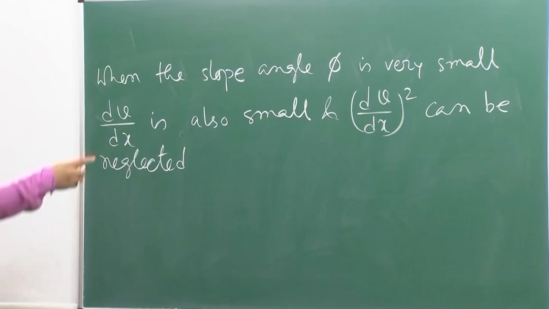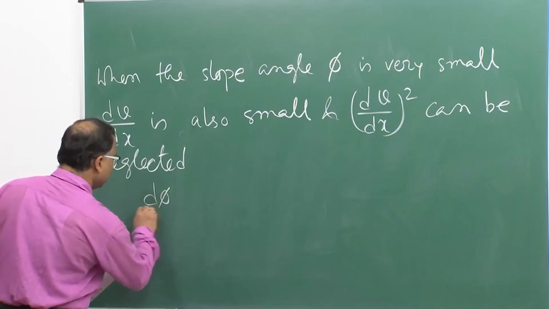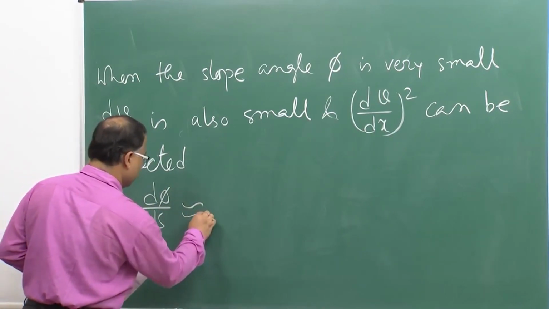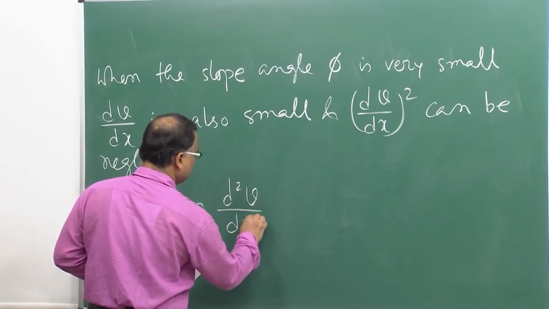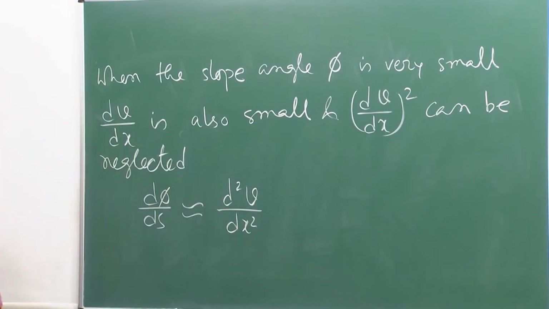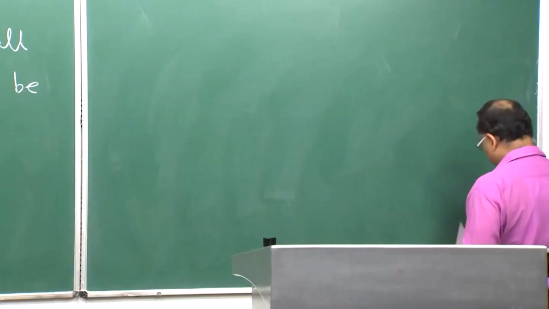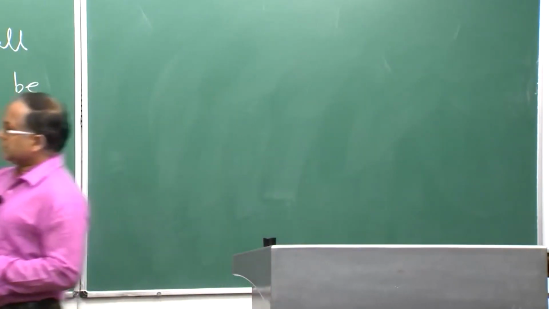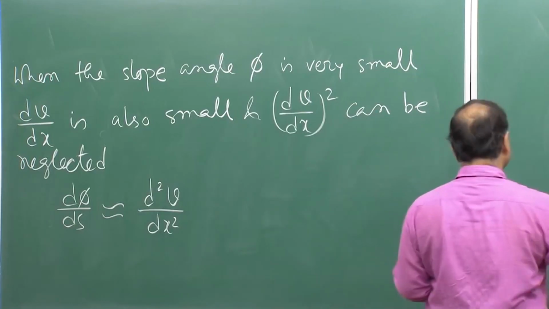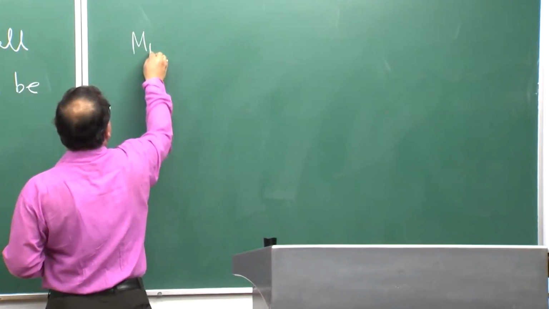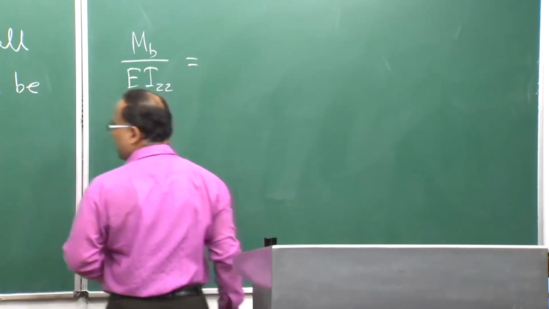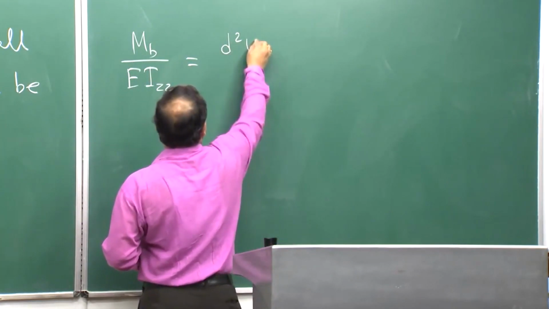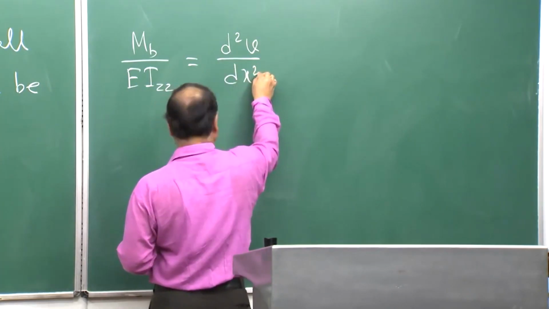Therefore, from equation 2, I can simply write d phi ds is approximately equal to d2v dx2. And this d phi ds is nothing but Mb by EIzz, which is equal to d2v dx2.